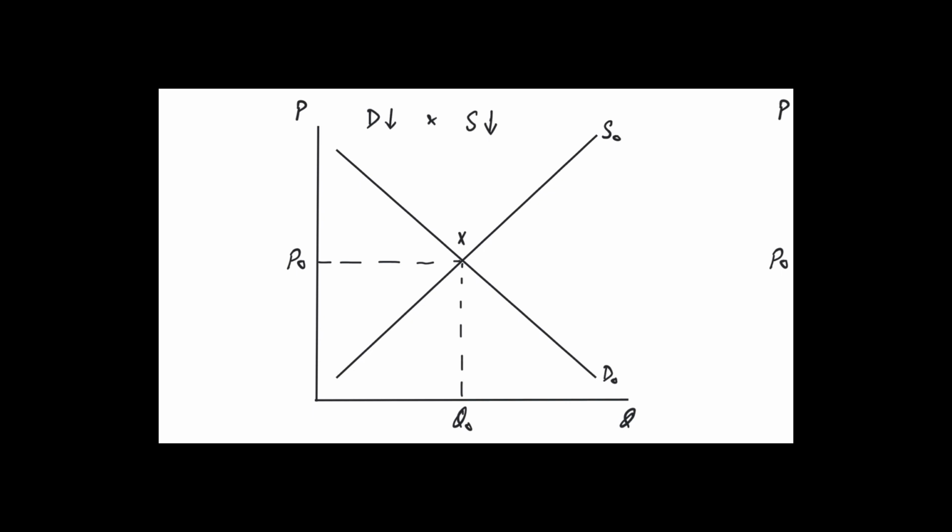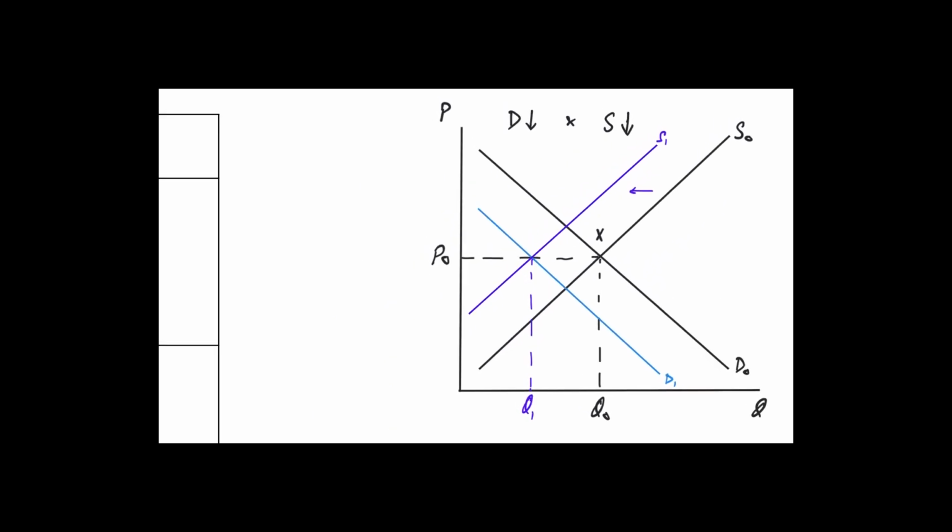Alright, so if demand is going down, you shift the demand curve to the left, that's your D1. And supply is going down, you're going to shift it upwards, up there. As a result, what we see is the quantity is going down, but the price is remaining the same.